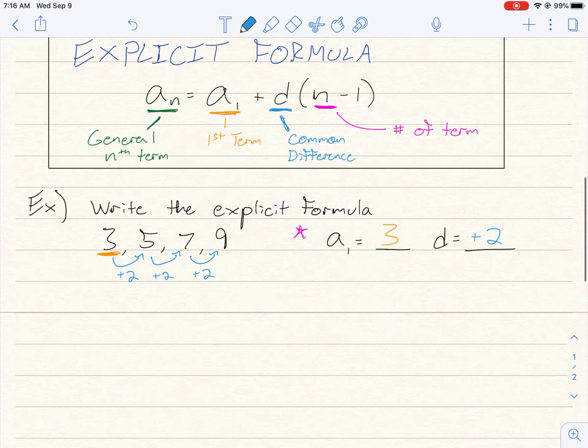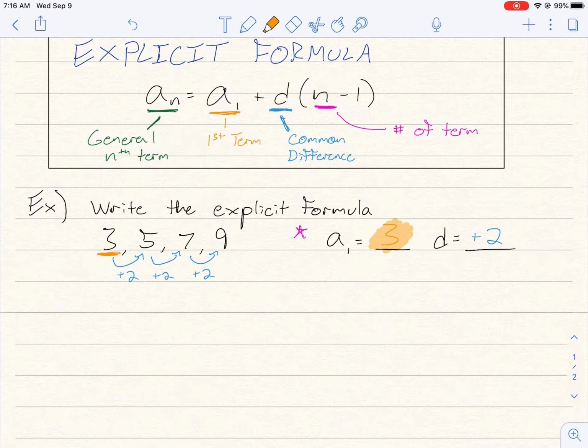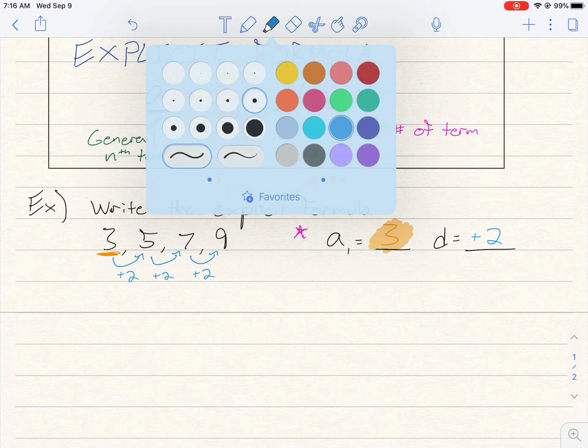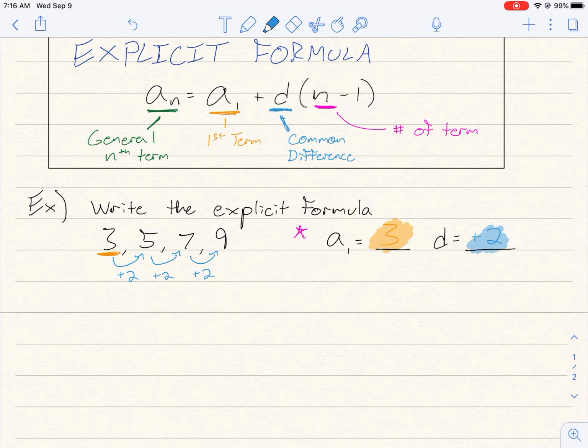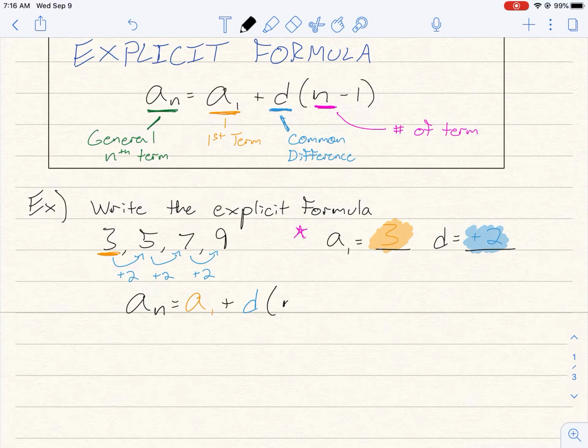Now, to find the explicit formula, I'm just going to plug these pieces in. This a sub 1, which was 3, and this positive 2 for d, I'm going to plug it into our formula of a sub n is equal to a sub 1 plus d times n minus 1. So notice there's only two things that you're plugging in. You're plugging in for a sub 1 and you're plugging in for d.